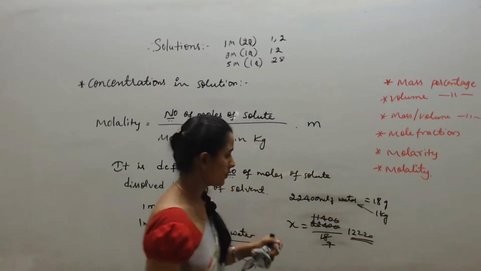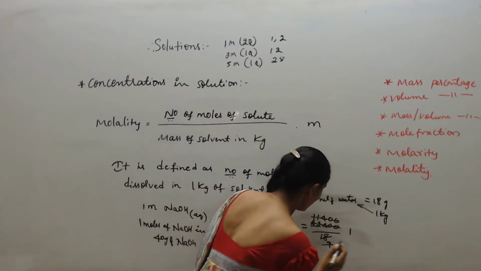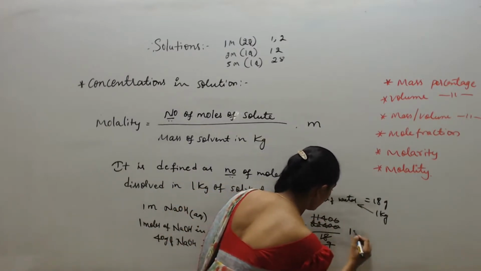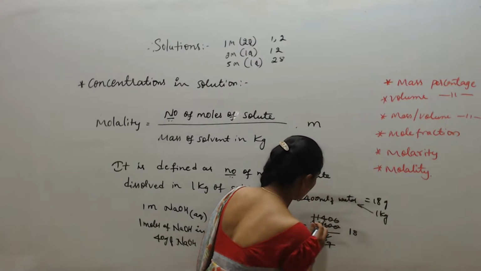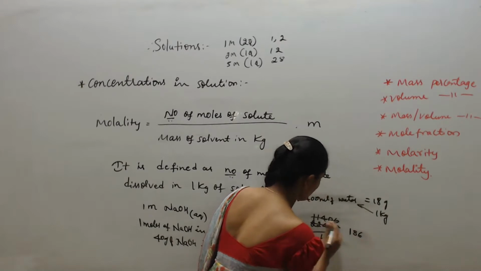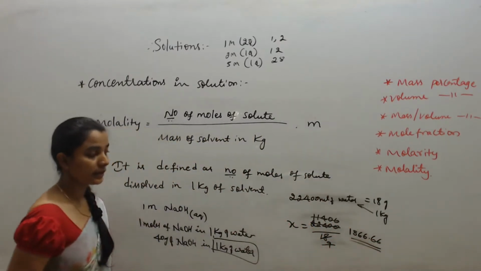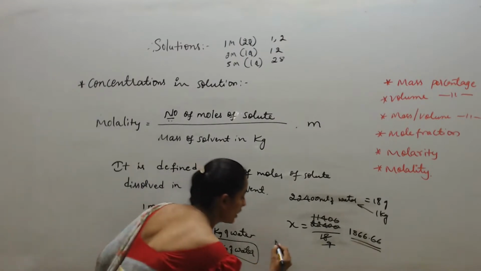Okay, assume this much. 1000. Okay, so 1866 ml.